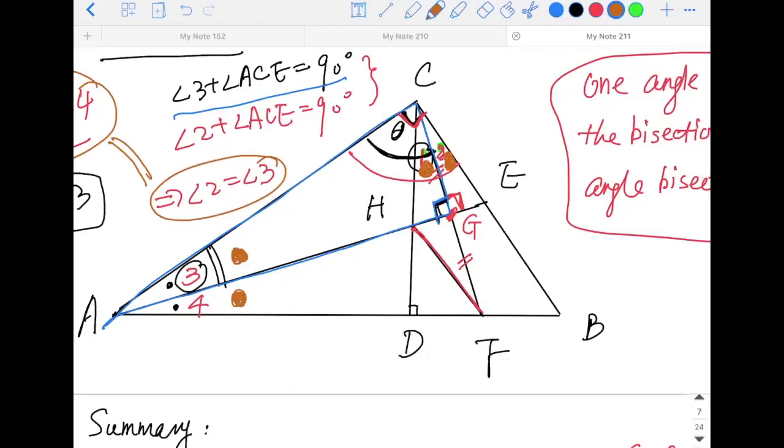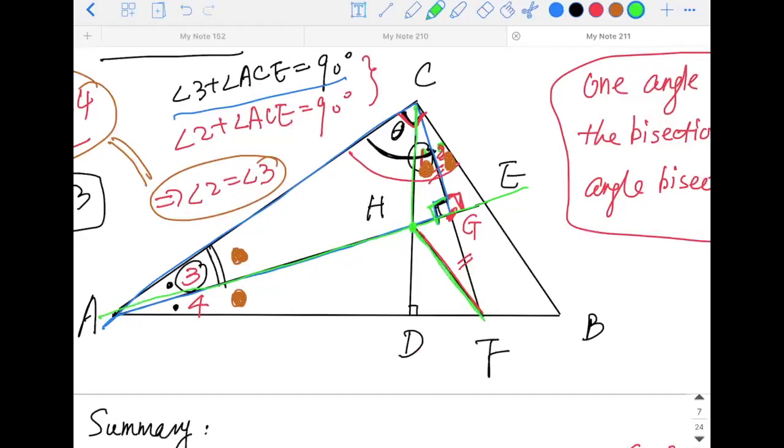If these angles are all the same, how can I prove HF is parallel to CB? Don't forget, I just proved AE is the bisection of CF. So that being said, HC will be equal to HF. Is that right?